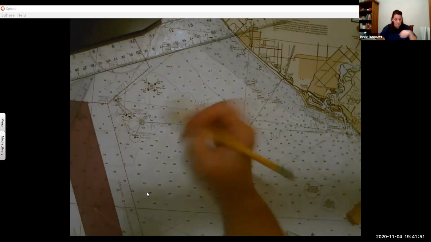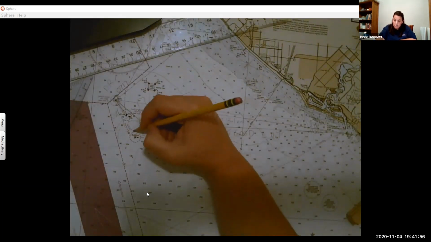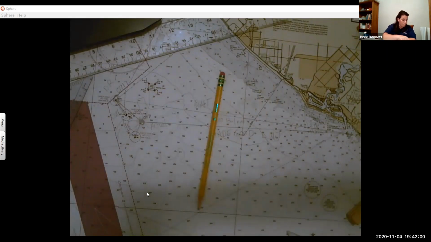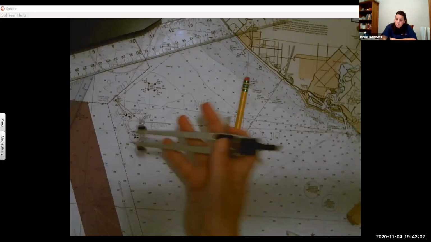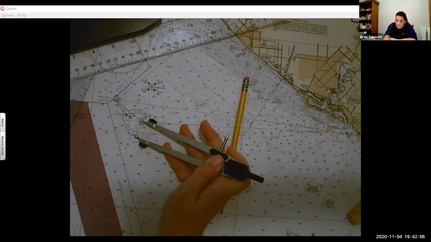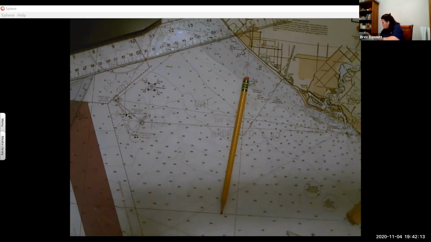And then I want a speed. So I'm going to get the distance here, and this distance is in 42 minutes, so I do need to convert it back to a speed. My distance was 0.9.